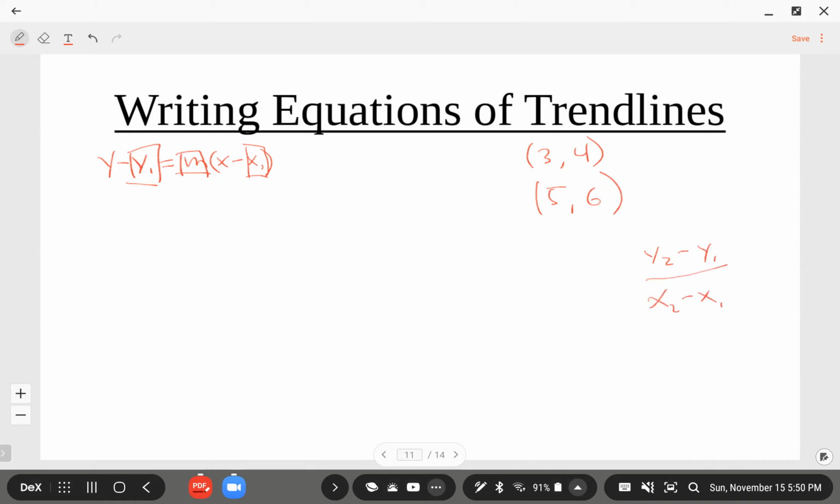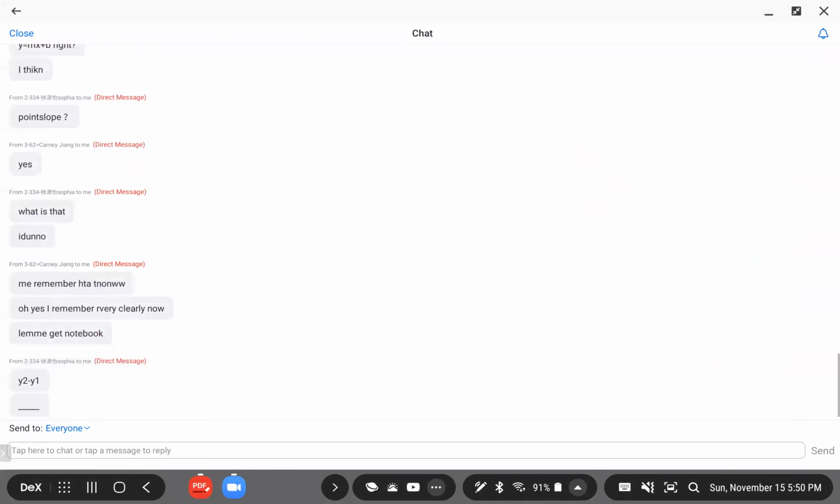So y2 is 6 minus 4, which is 2, over x2 minus x1, 5 minus 3 equals 2. So 2 over 2 equals 1. Our slope is 1, m equals 1.